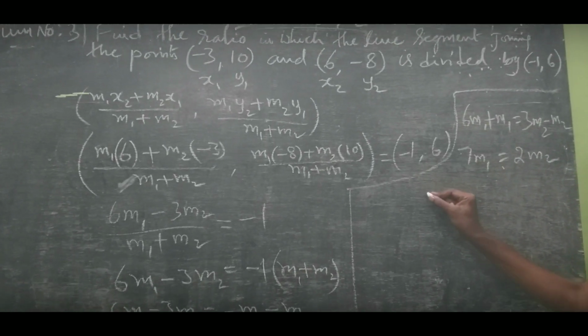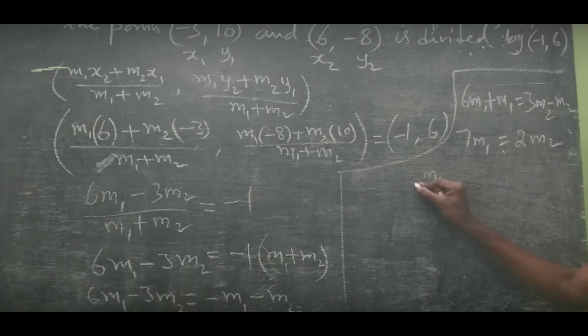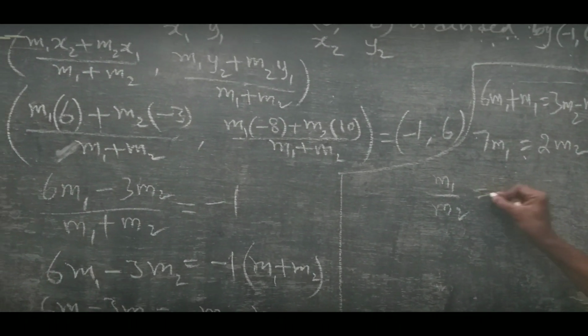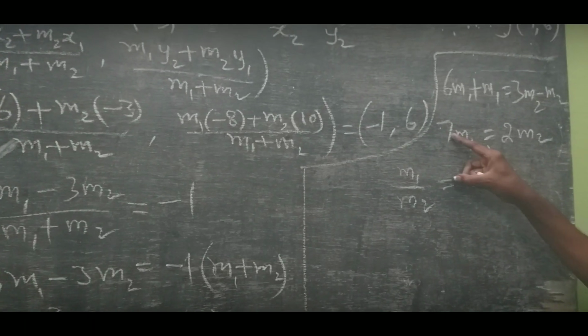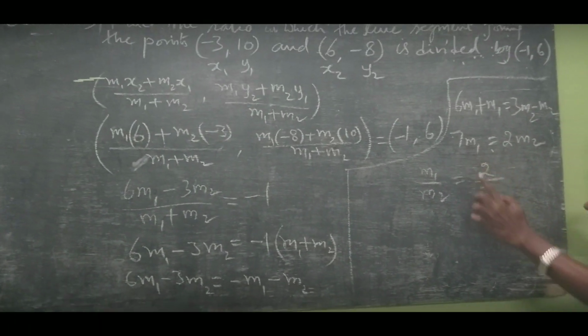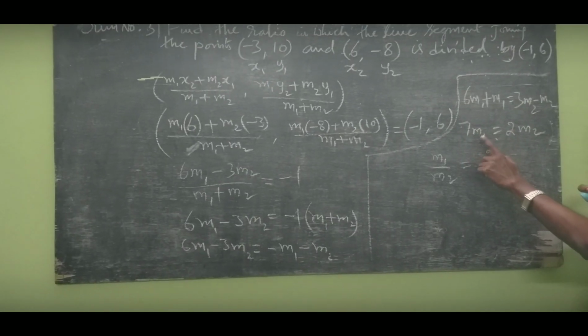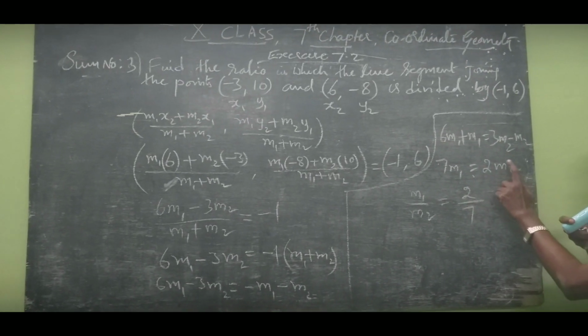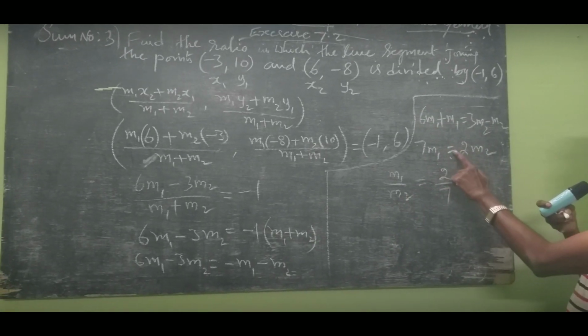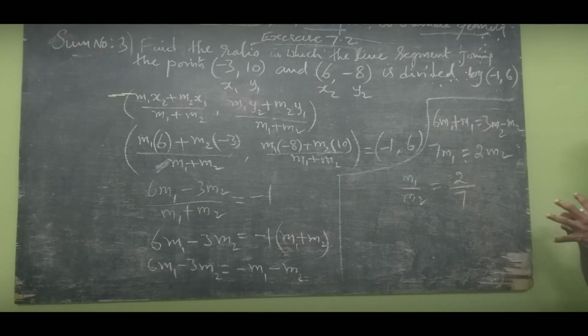So cross multiply: m1 divided by m2 is equal to 2 divided by 7. What I did here, 7 into m1, 2 into m2. So when m2 goes over, it is divided. m1 by m2 equal to 2 by 7 we can write.